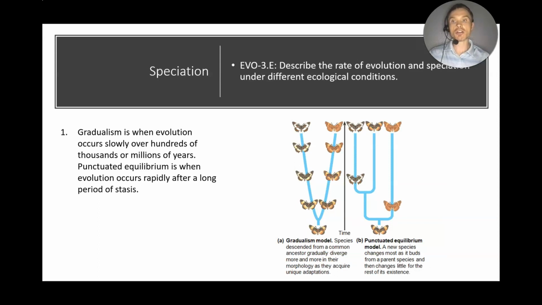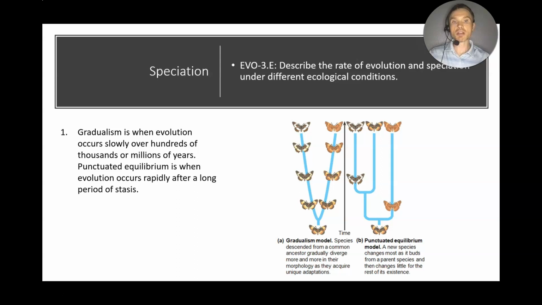The first model is called gradualism. This is when evolution occurs at a slow rate over hundreds, thousands, or maybe even millions of years. And this is demonstrated by the change in the color of the butterfly's wings.